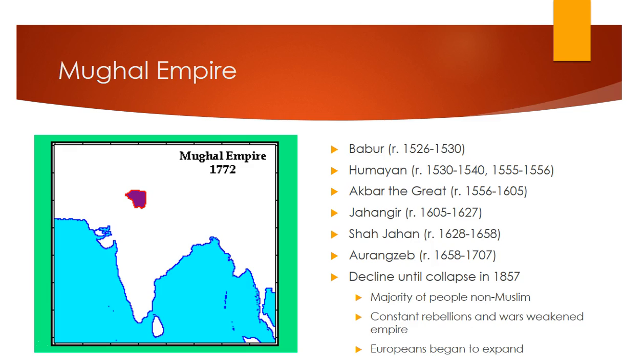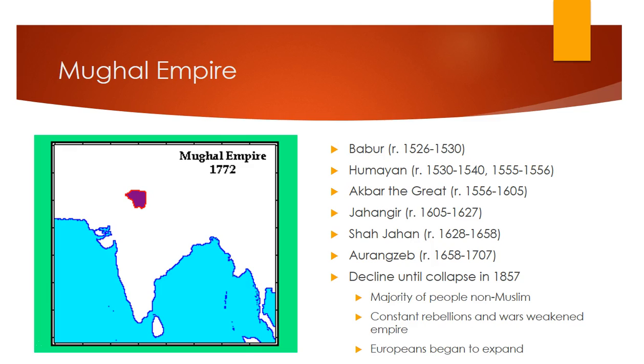The non-tolerant policies of Aurangzeb continued after he died. His successors would continue to really focus on Islam, which was a problem because a majority of the people in the empire actually were not Muslim, mainly Hindu. Then you had Buddhists and Christians as well.